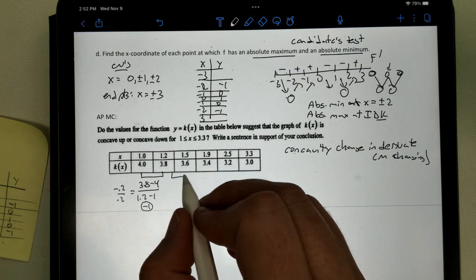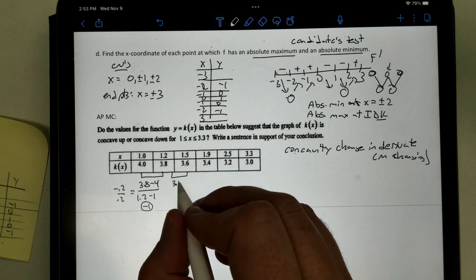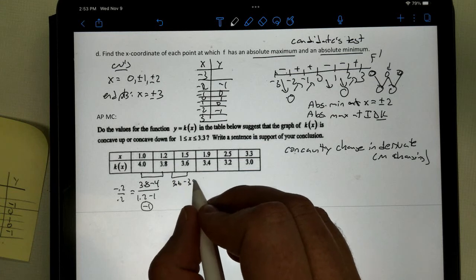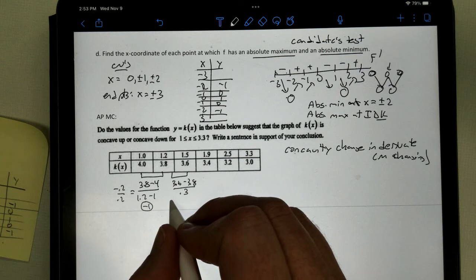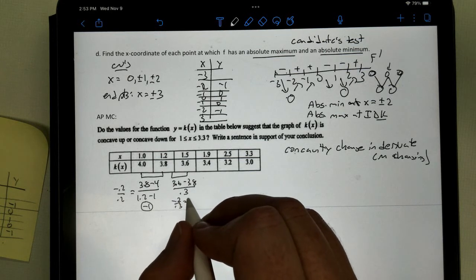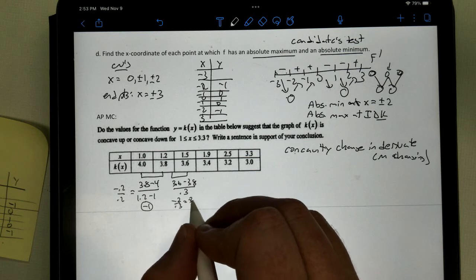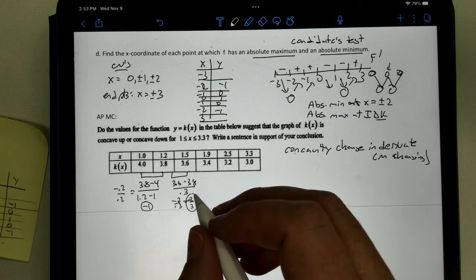Let's go to the next 2 points and see what happens. Same thing: 3.6 minus 3.8 over 0.3, or negative 0.2 over 0.3, or negative 2/3.